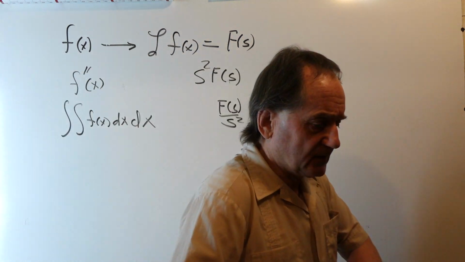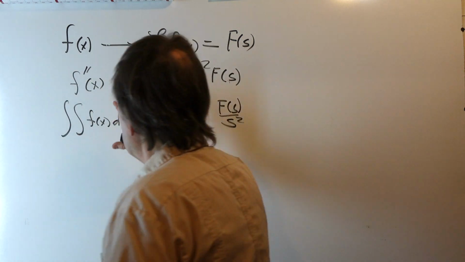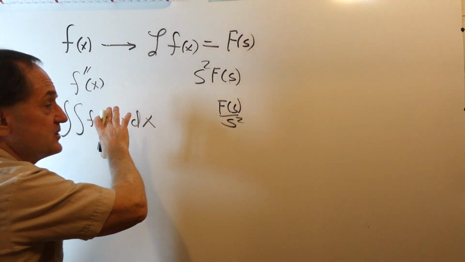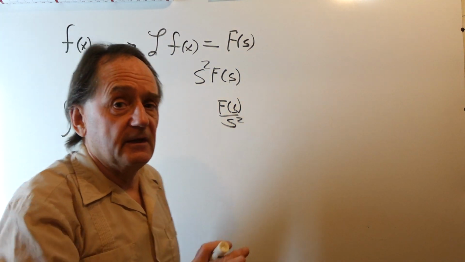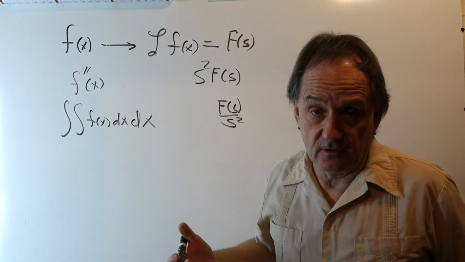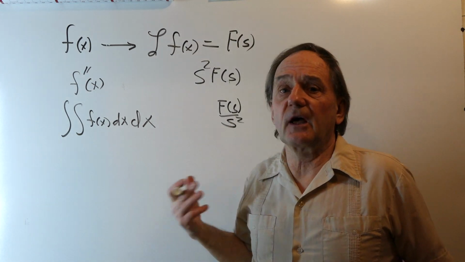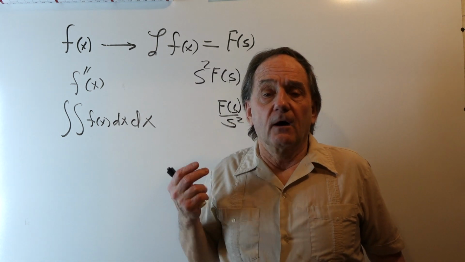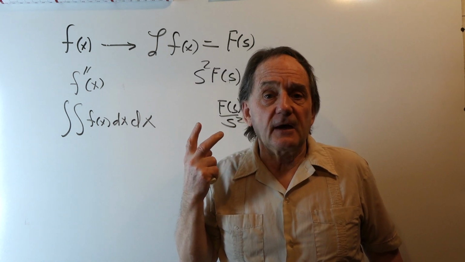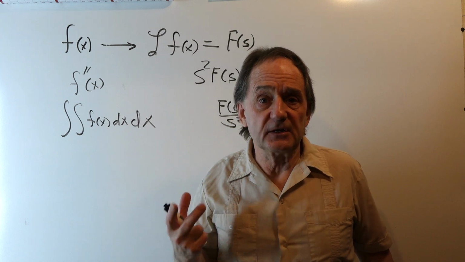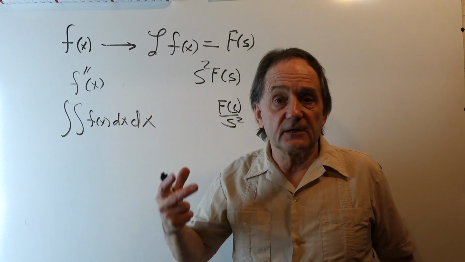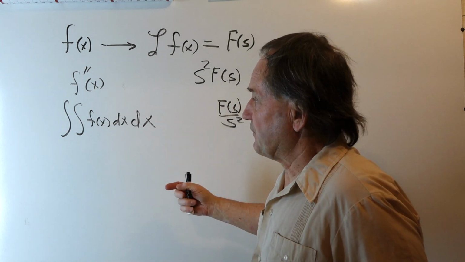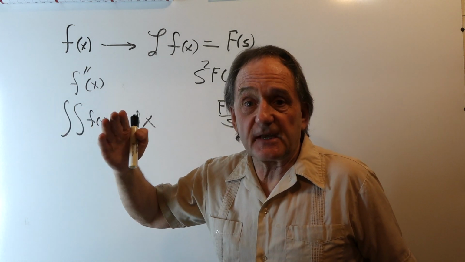What the Laplace transform does is it takes the operations of integration and differentiation and transforms them into multiplication and division. This is just like with logarithms. Logarithms are a transform. Logarithms take the operations of multiplication and division and convert them into addition and subtraction. And Laplace transforms start a step higher.